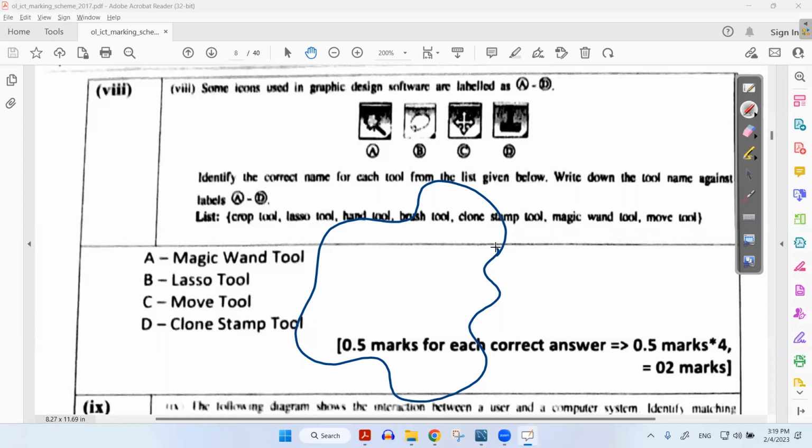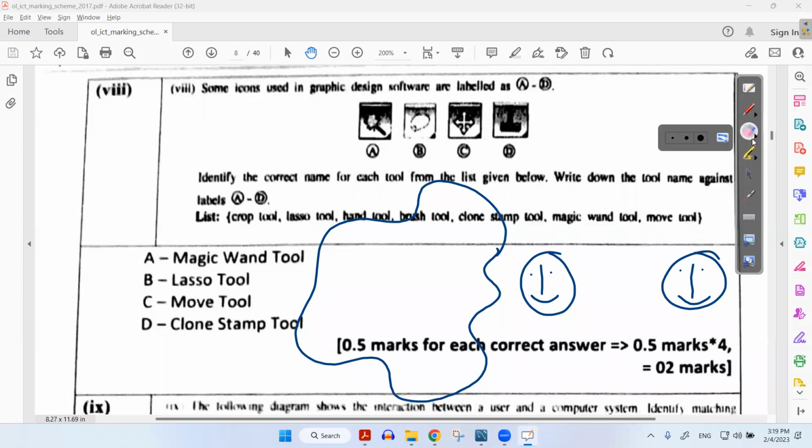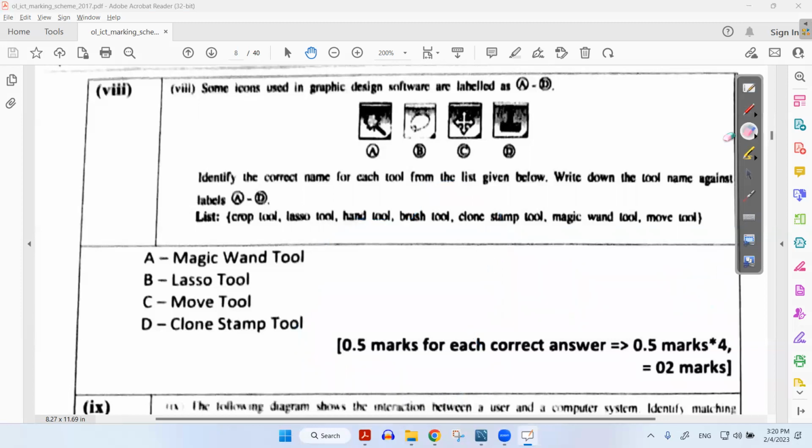So if you have a particular face in one place of the picture, you can take the same face by using the clone tool. So 0.5 marks for each part, so it gives you 2 marks. Okay, people, is it clear up to this point?